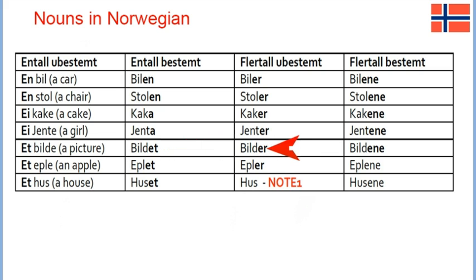And the beauty of it is that in plural, in most cases, it is just the same in neutral as it is in female and male. So in indefinite form, pictures, bilder. The pictures, bildene. Er, indefinite form. Same with et eple, an apple, and eplet, the apple.